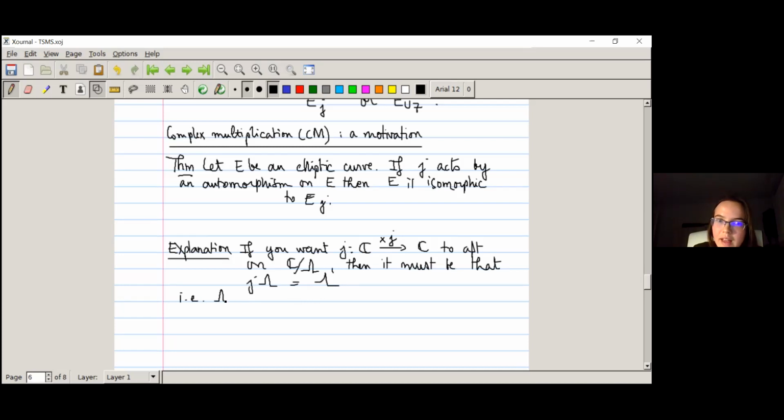That is to say, lambda is invariant by a rotation of 2π/3.